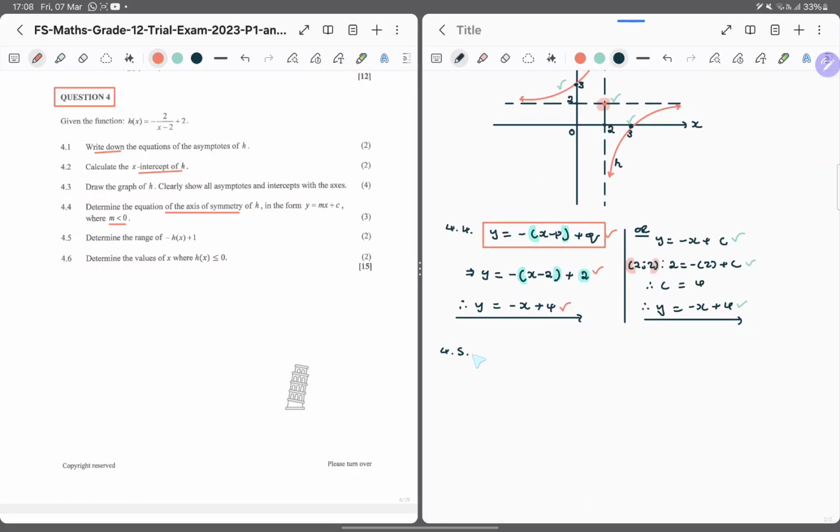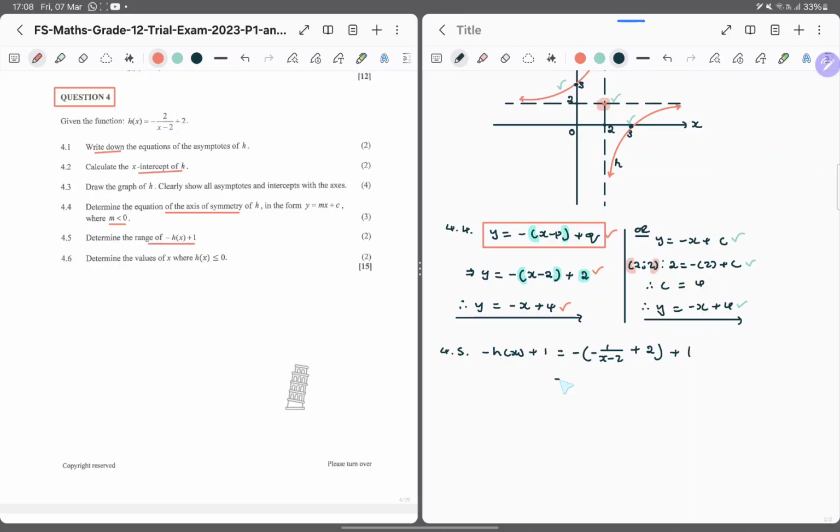So 4.5 says, determine the range of h of x plus 1. We know that minus h of x plus 1 is essentially equal to, now we say here minus into minus 1 over 1 over x minus 2 plus 2, and we add 1.